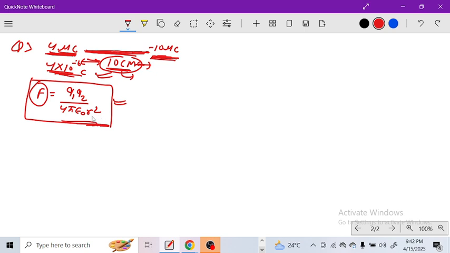So 4 into 10 raised to negative 6 into negative 10 into 10 raised to negative 6, no Kavya, because Q1 Q2 is taken in magnitude, the negative charge will be converted into positive. So you don't have to take minus 10, you have to take only plus 10.